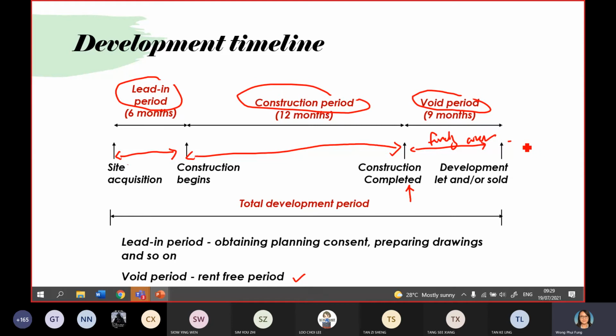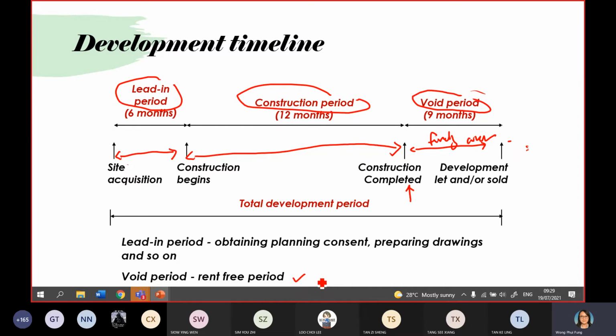Okay, again, I repeat. After the construction is completed, there is a possibility the developer might not be able to rent out or sell all units. So there is a period the developer might experience a void period, which is what we call the rent-free period.